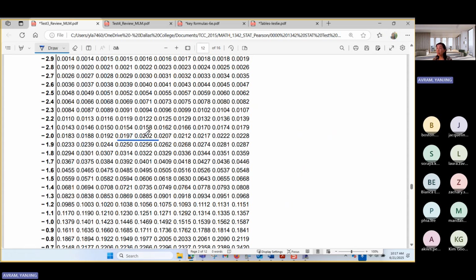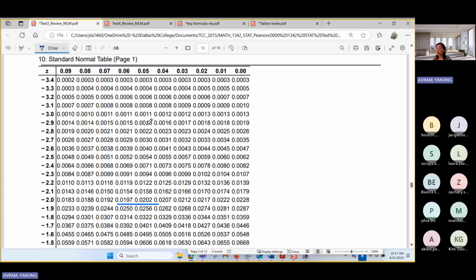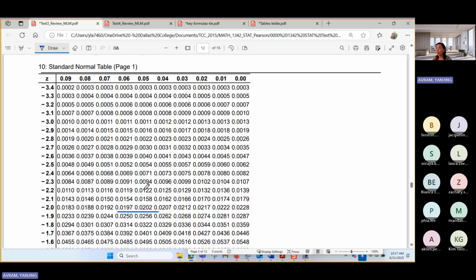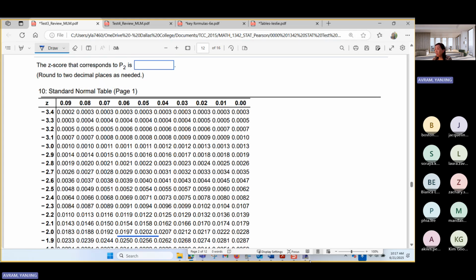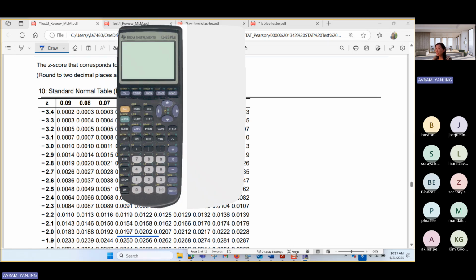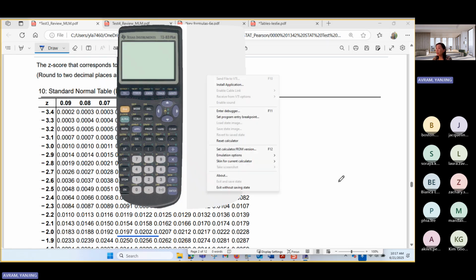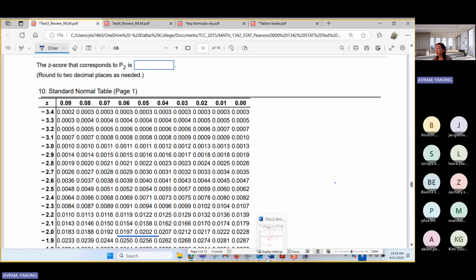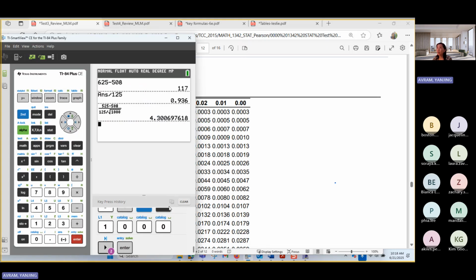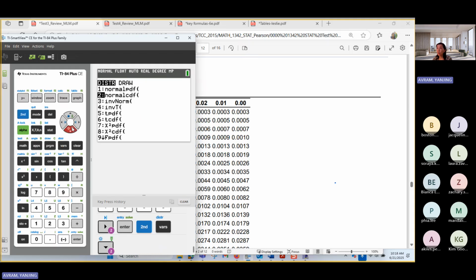If you use the right, it's 0.0002 different. So this one is smaller, so it will be negative 2.05, if you're using the table. But as I said earlier, I like to use a calculator. Even a very simple calculator will still work. When I go to the calculator, I go to 2nd var, which is distribution, using the inverse norm.